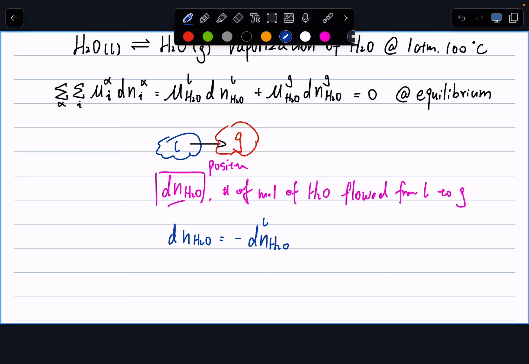Because my substance is flowing from liquid to gas, right? So the number of moles of my liquid water is decreasing. So that's where that negative sign comes from. All right. Or the other way, I can put the negative on the left. It's the same idea.